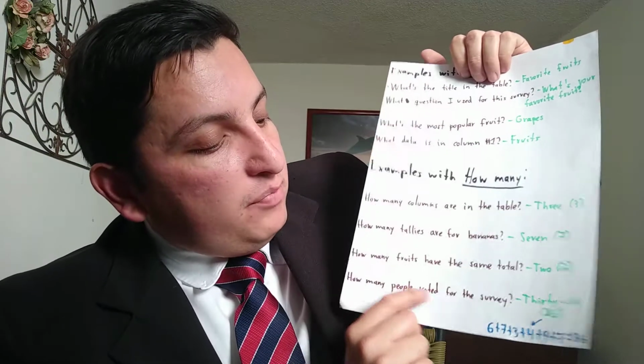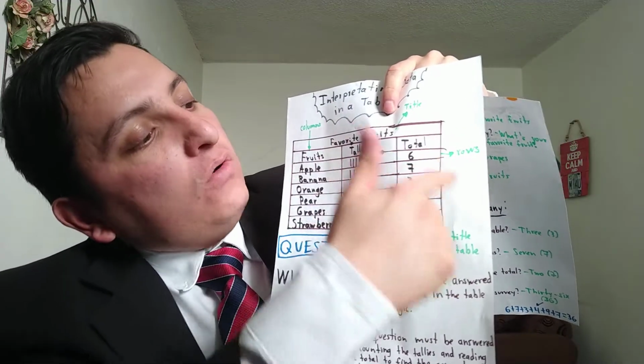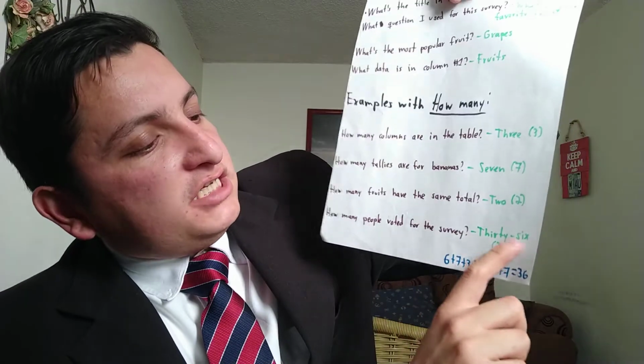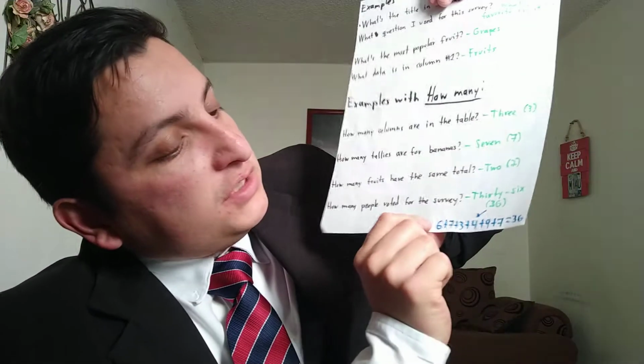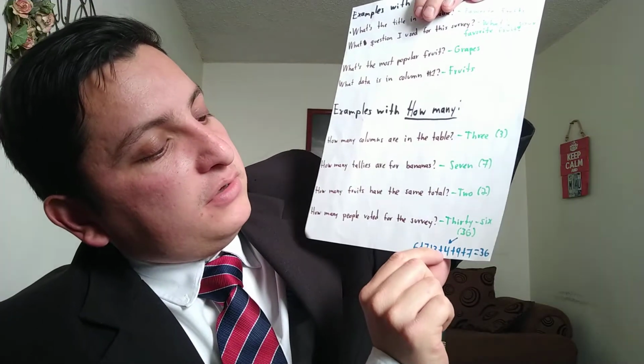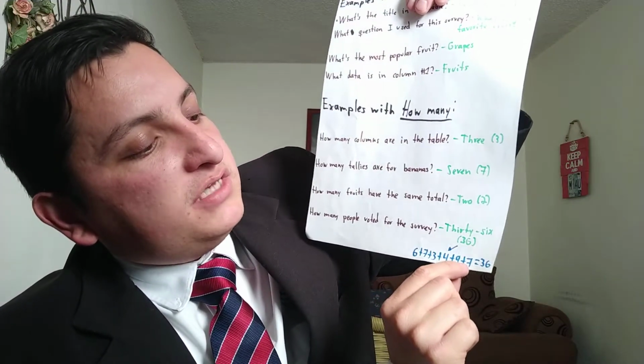Finally, how many people voted in this survey? This one is a little bit more tricky because I need to add all the numbers in the total column so I can check how many people, considering that every person voted only one time. So 36 people in this case voted for every fruit. 6 plus 7 plus 3 plus 4 plus 9 plus 7 equals 36.